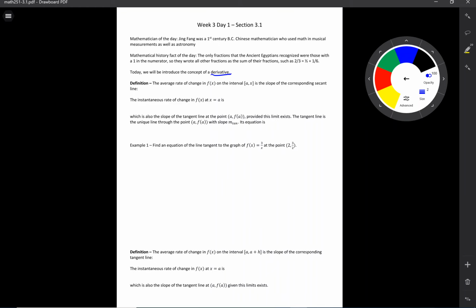All right, we have touched on this first definition the very first day of class, actually. If you think way back to section 2.1, we talked about average rate of change, and we talked about it in terms of secant lines.